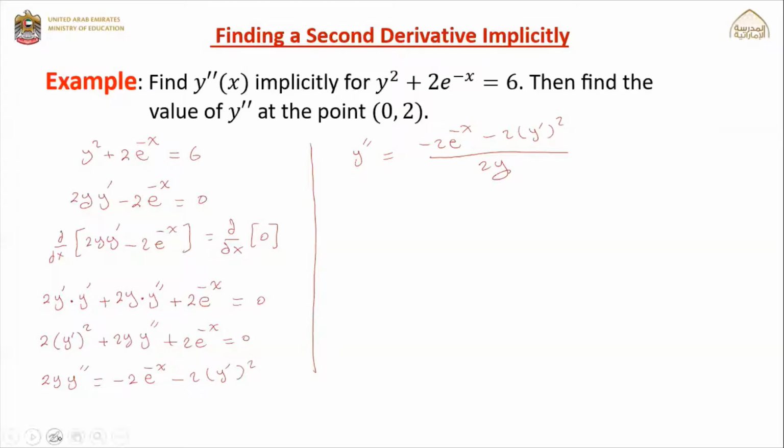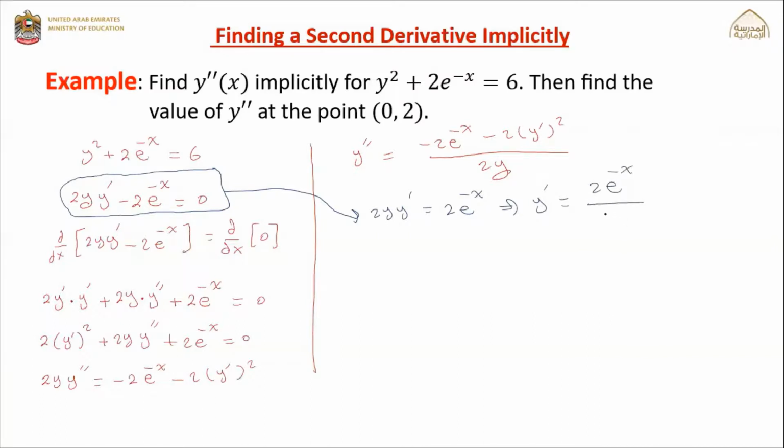Okay, so I will go back again to this equation and find from it the value of y prime. So 2y y prime equals 2e to the power negative x. After that, y prime equals 2e to the power negative x over 2y. This is the value of y prime. I will take this value and put it here.